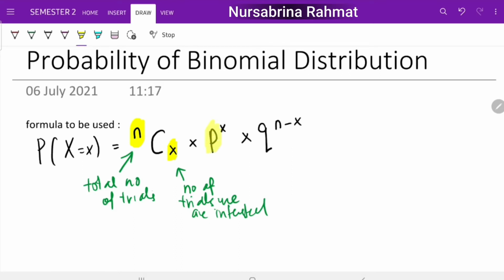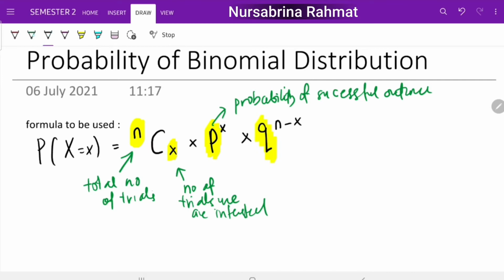Your p is the probability of a successful outcome, and q is the probability of a failure outcome. Alternatively, we can calculate q by q equals 1 minus p, because p plus q must equal 1.